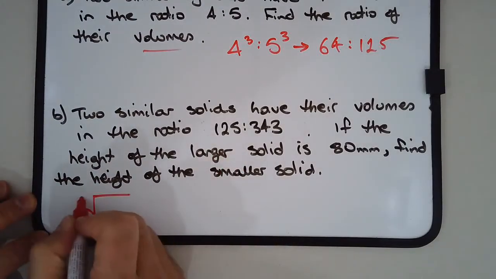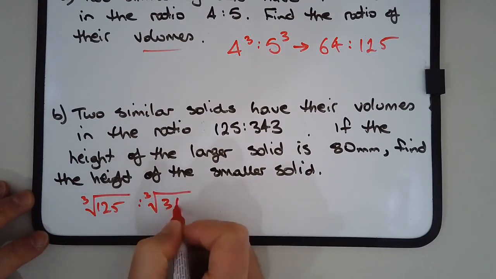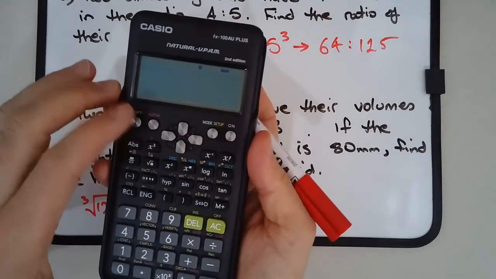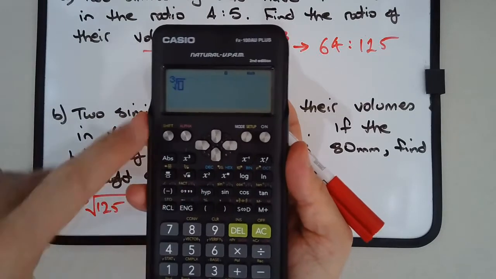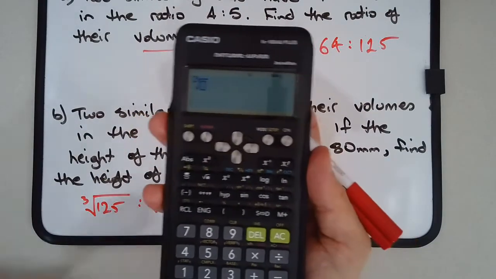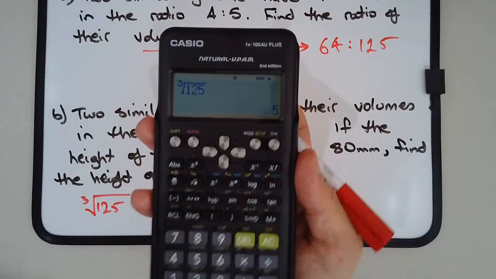So take the cube root of 125 to the cube root of 343. If you're unsure, there's a quick key on the calculator, shift and the square root button, that you can press to do the cube root.